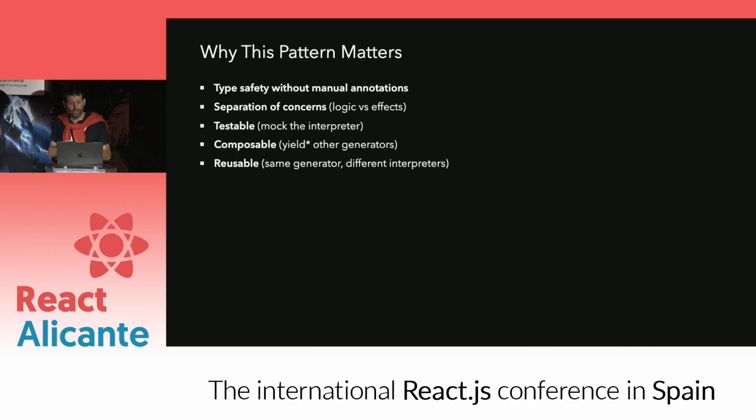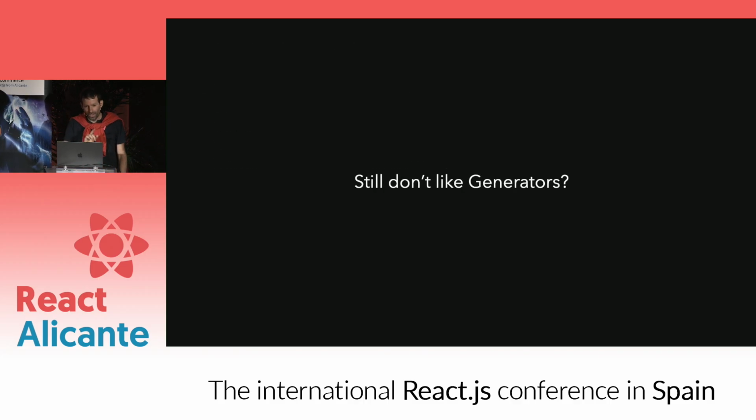But fourth, generators can also compose beautifully by using yield star. And also, they can run in different environments with different interpreters. You can have, as we have seen, terminal interpreters, or we can have things like a web application interpreter. But I know, all of you, that you are still not sold on generators, right?